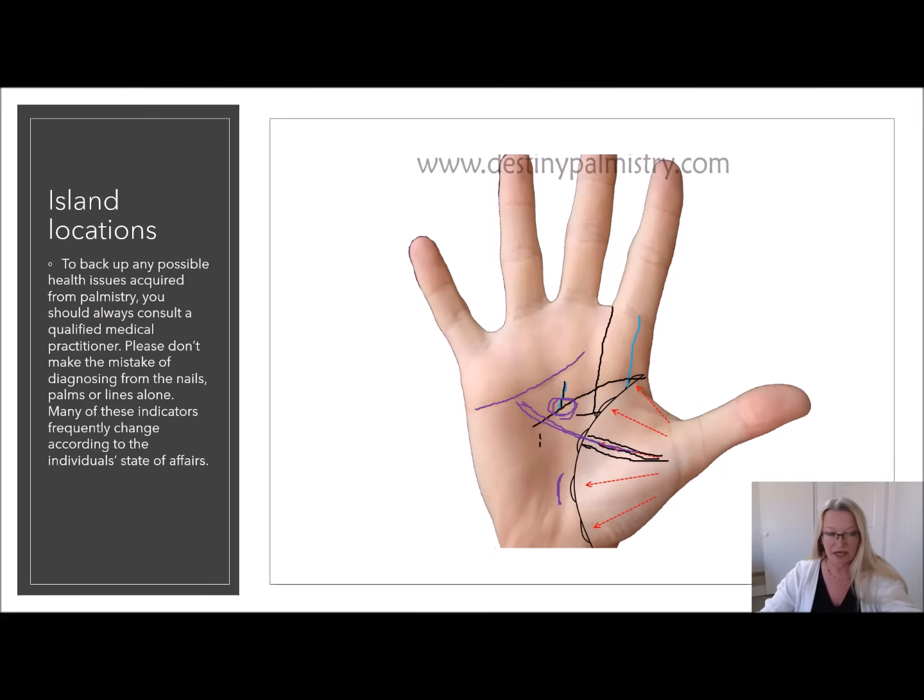Now, the last one at the very base of the lifeline, that is more likely to point to the later years. So that could be representing a period when there is low energy. The energy is divided, but it's making life a lot slower.